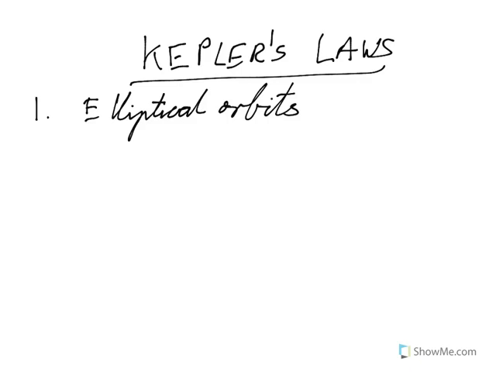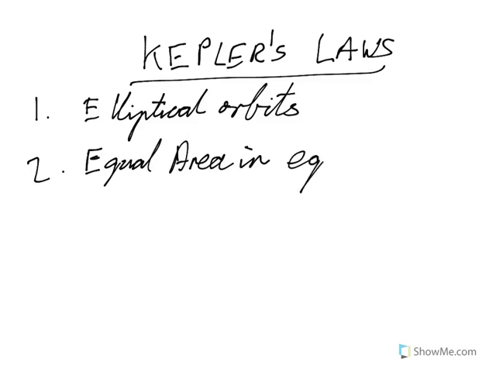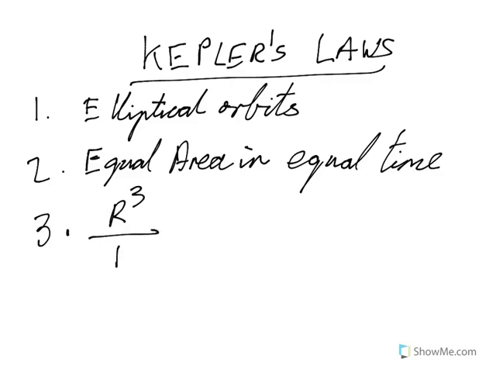The second one was equal areas in equal time. And his third one is that for every planet, then something that's rotating around it, r cubed over its period squared is equal to a constant.